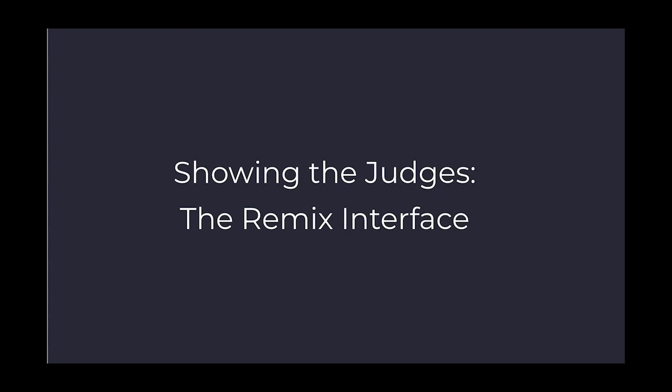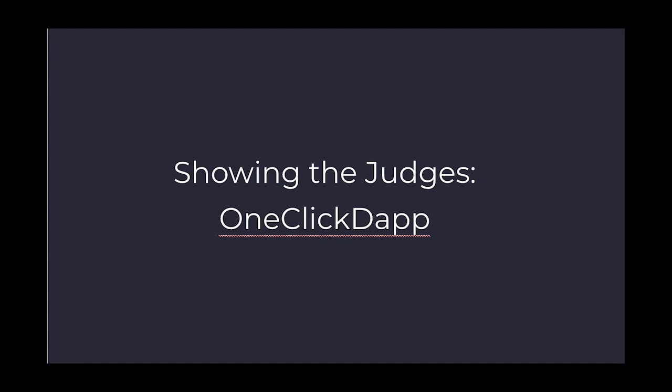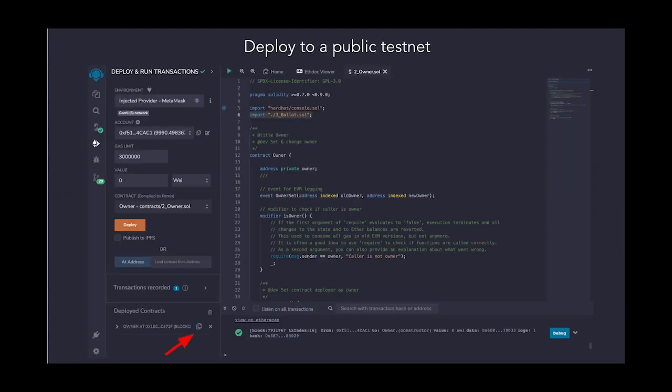And of course, you're going to need to show the judges. One technique is just to use the Remix interface. Here, in this example, you can have your contract in the editor and have it deployed, and just use the interface here to input values to prove to your judges that your contract is working. You can also show the judges using One Click DApp. To do that, first you deploy to a public testnet and copy the address of the deployed contract.